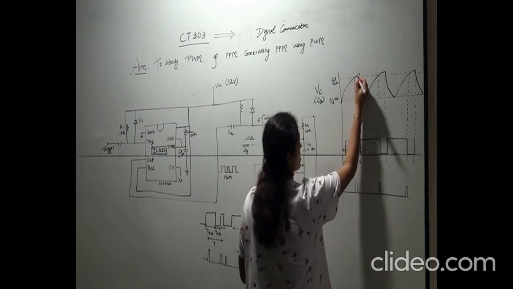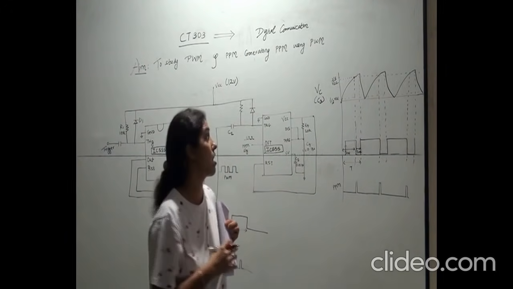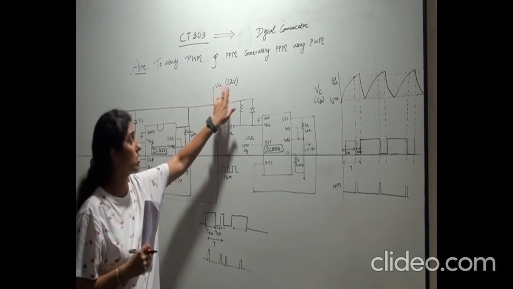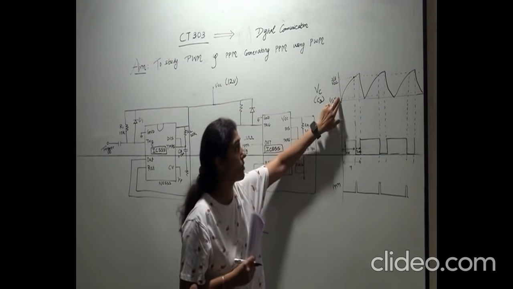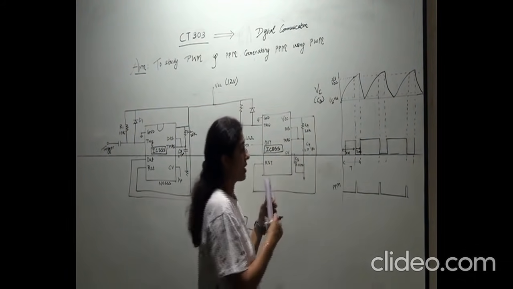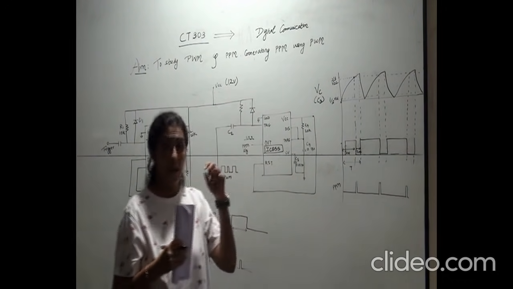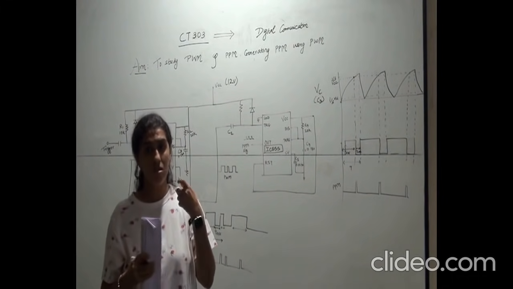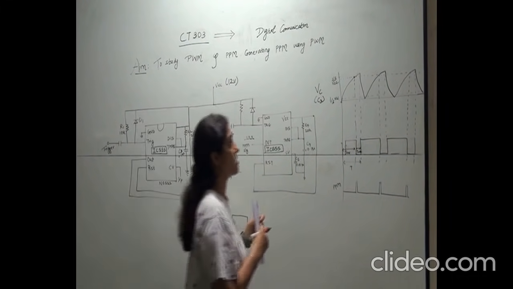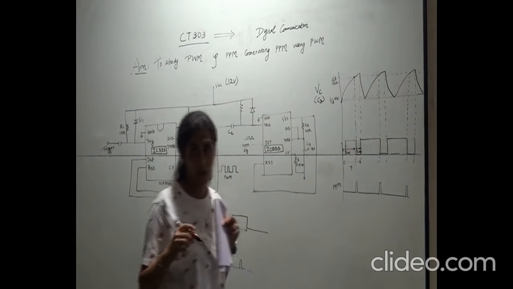This continues till the voltage of the capacitor reaches 2/3 of VCC. Now the VCC which we have considered is 12 volt. So as the capacitor voltage crosses 1/3 of VCC, we get a high output. At the high output, if you know the internal of IC 555, the transistor turns on. As the transistor turns on, slowly the capacitor will start discharging.